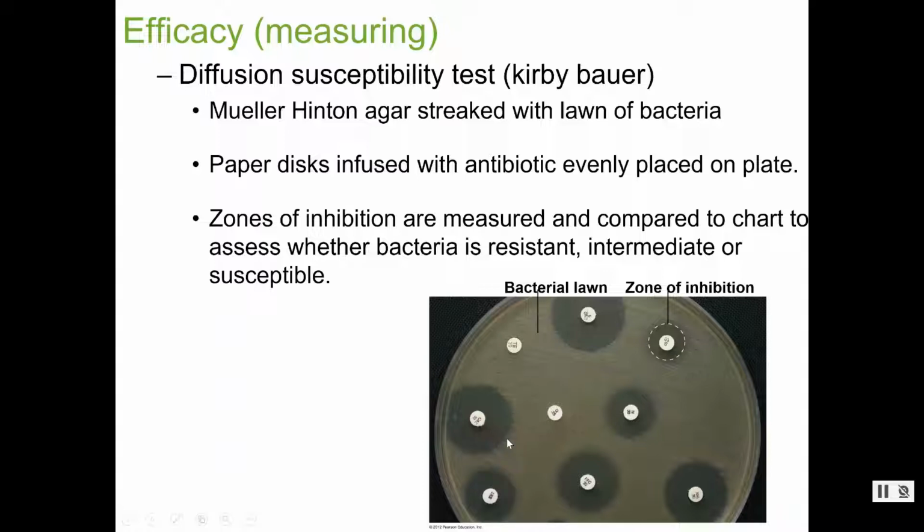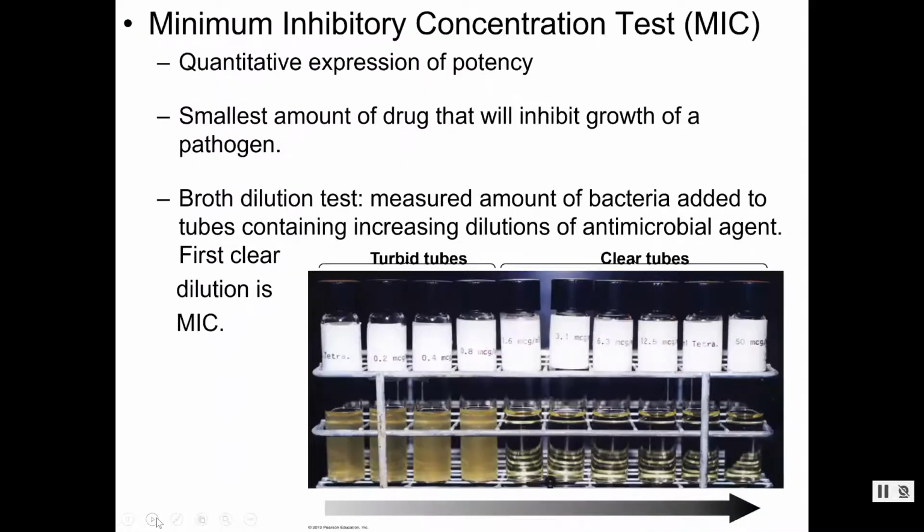The minimum concentration needed to inhibit the bacteria. On this side, in the zone of inhibition, this dosage inhibits the bacteria. On this side, this dosage does not inhibit the bacteria. So right at this line is the minimum inhibitory concentration. And we mentioned we need to do that so we don't have side effects.